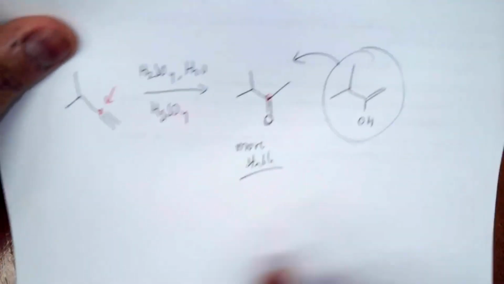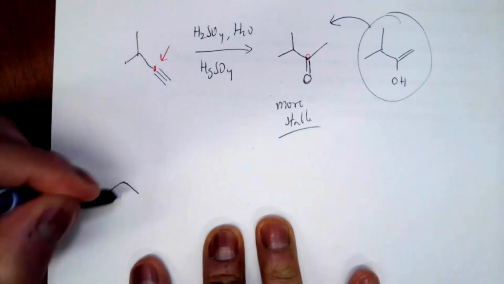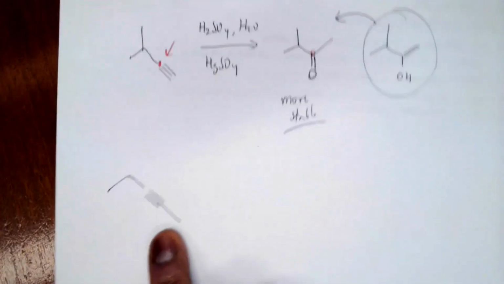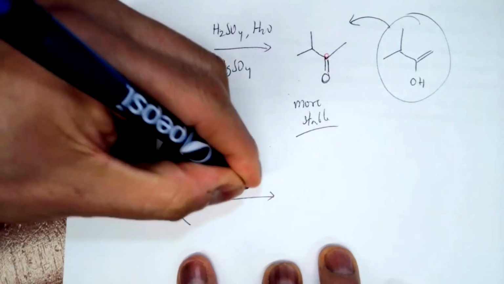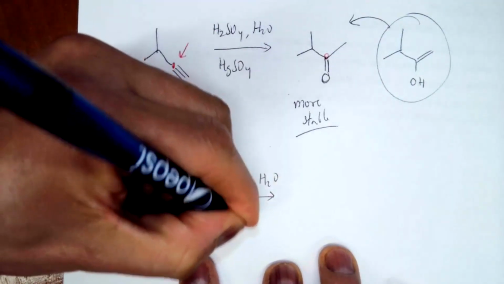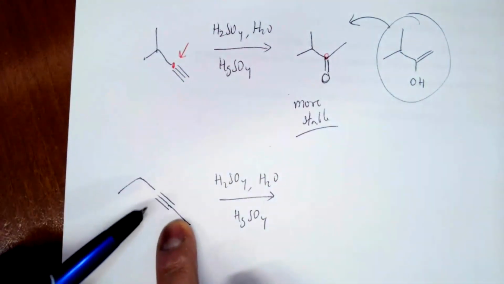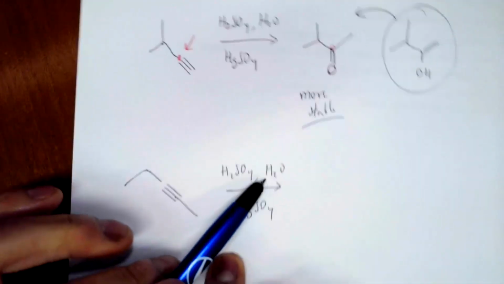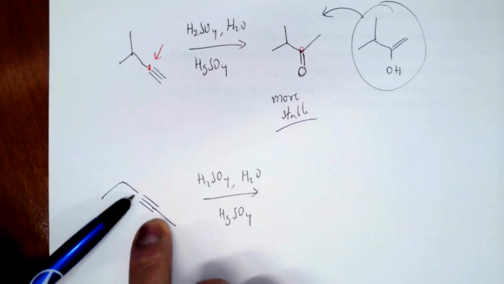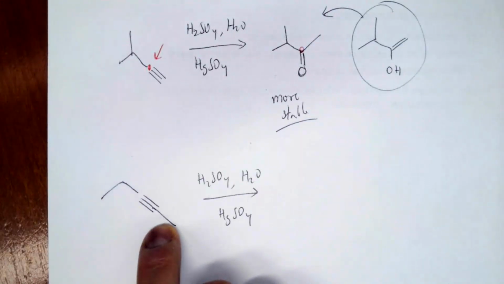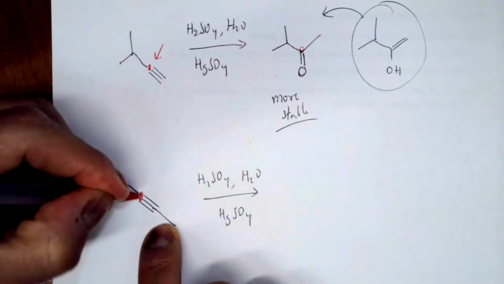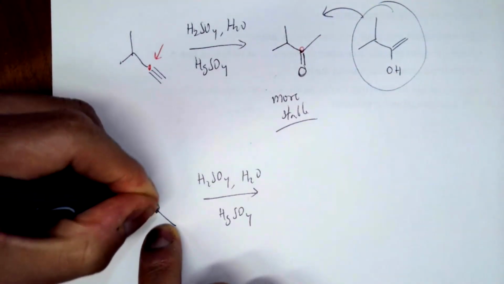So now, what if I have a compound that has no clear Markovnikov carbon? In that case, if you do the acid catalyzed hydration, you will have two products, because this reagent cannot distinguish between the Markovnikov and the anti-Markovnikov. This is the Markovnikov and this is also Markovnikov. Then you will get two products, one on the red carbon and one on the black carbon.